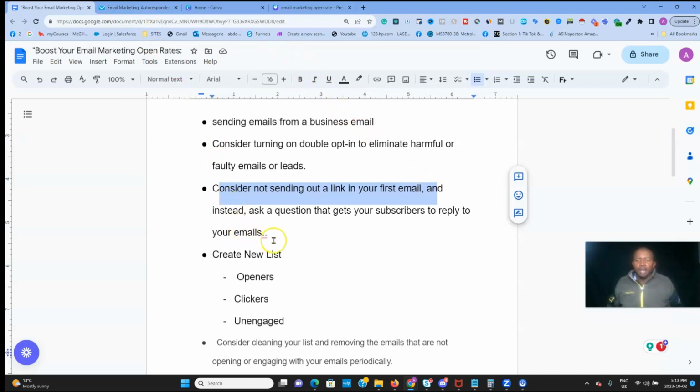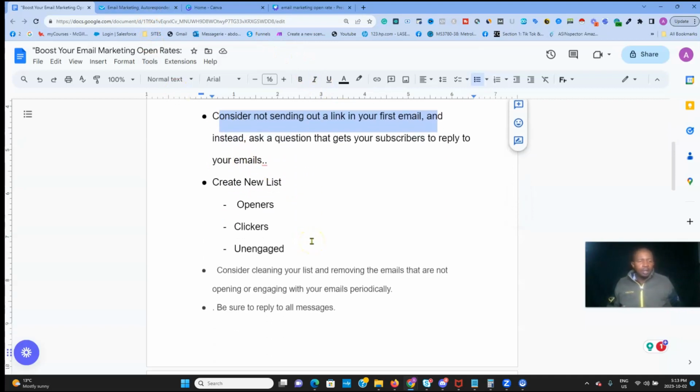And also an advanced method to increase your open rate is to segment your list, right? Segmentation means you divide your list. Most people divide the list, you know, they have an opener list, so people who are opening your emails, clickers, people who are clicking your emails, and people who are not engaging with your emails.